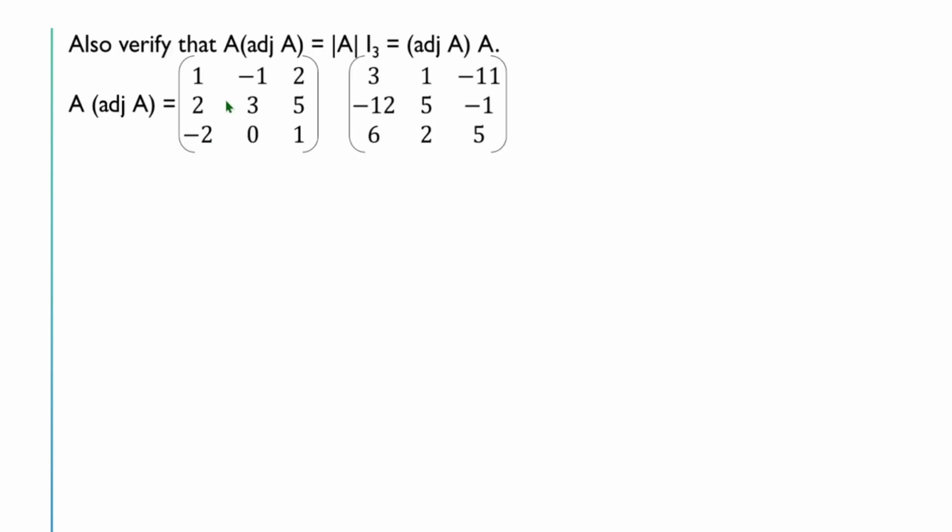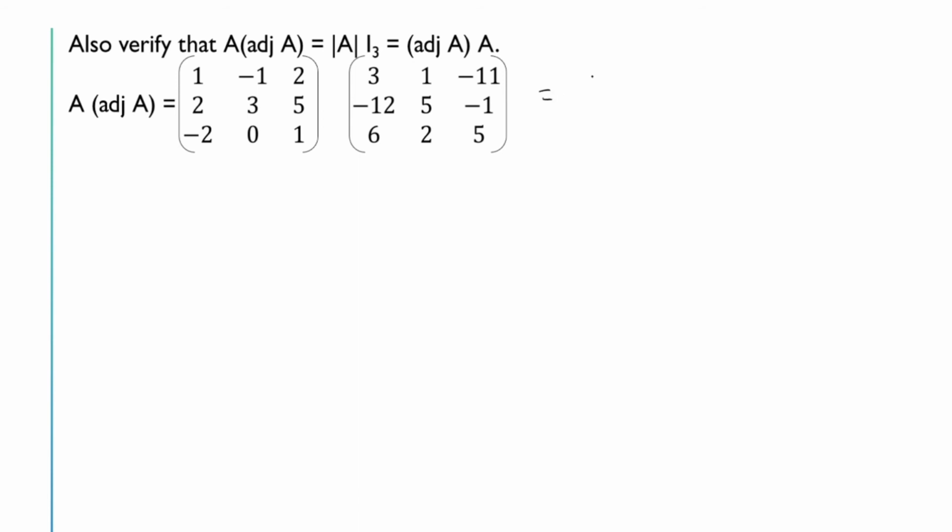So let me continue. This is the given matrix A and this is the adjoint that we have got. So A into adjoint of A, we have to multiply these two matrices and see whether it is equal to determinant of A into I3.